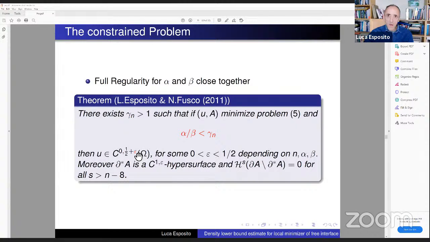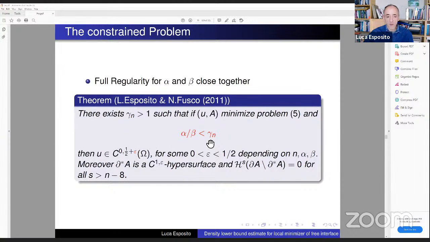But I'm not sure if it is optimal, because it would be necessary to check the iteration lemma that you use to prove that. So I'm not sure that it is optimal.